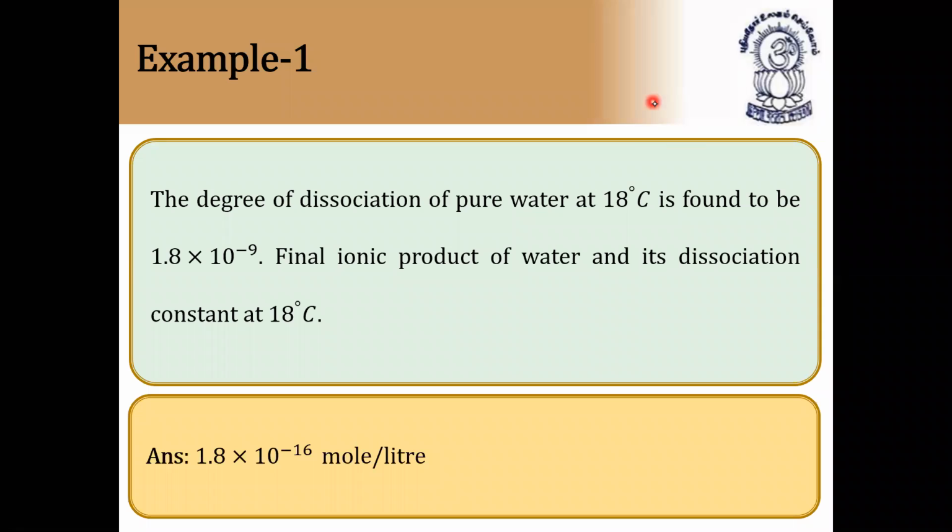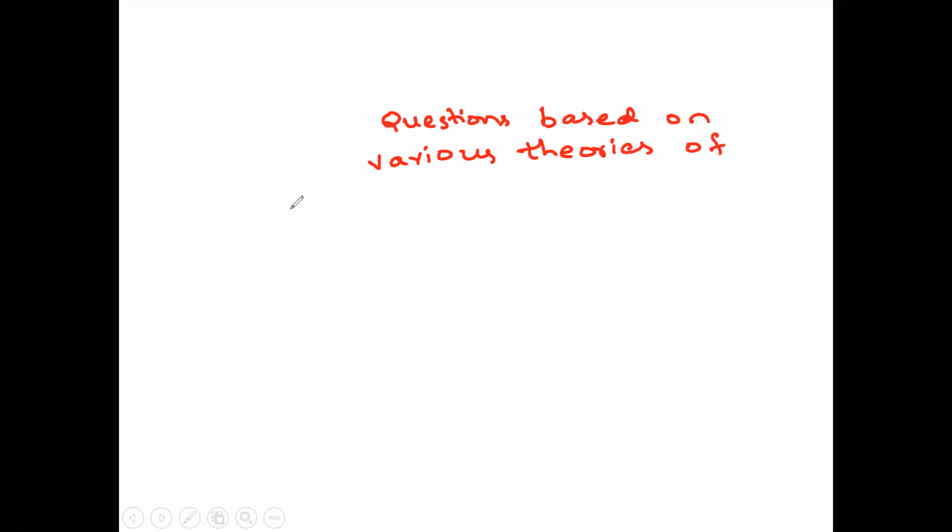Next, continuation. So now we are going to do, I'm writing here the heading, questions. Please note down all the questions. Questions based on various theories of acids, bases, and salts.